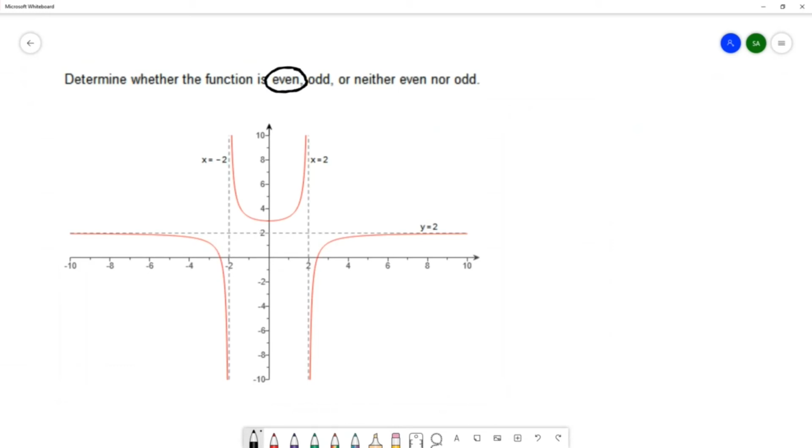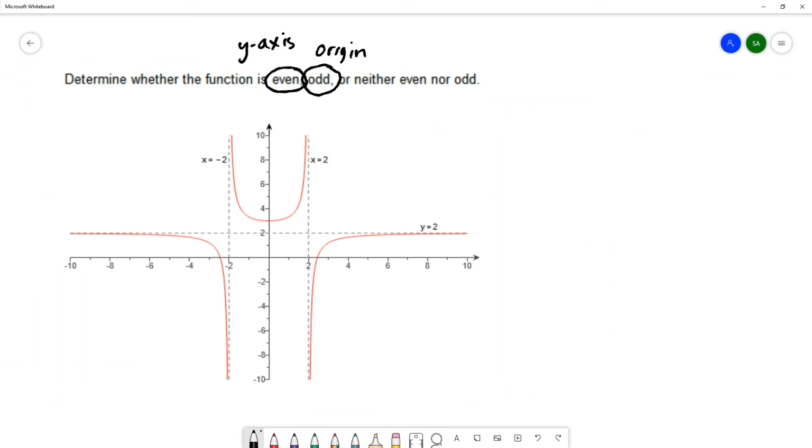An even function has a definition that we can find algebraically and a definition that we can find graphically. For the graphical definition, we know that even functions will have y-axis symmetry. And same thing with odd functions. It has an algebraic definition and a graphical definition. The function that is odd will have origin symmetry.